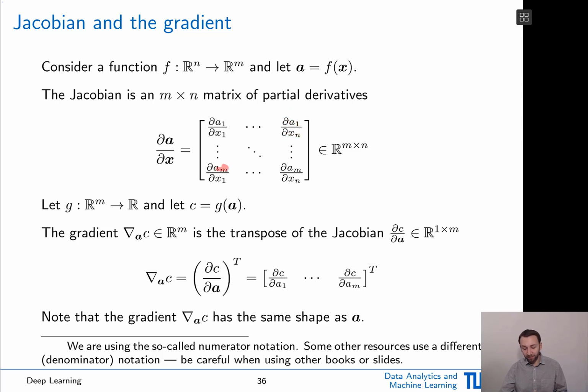Or the derivative of output m with respect to input 1. And so on and so forth, all the different combinations, with a specific output 1 to m and a specific input 1 to n. So the Jacobian is simply the m times n matrix which contains all these partial derivatives.